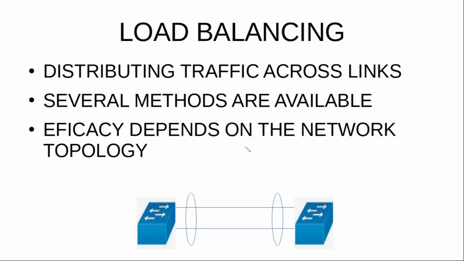So when we have Ether channels, we need a way to figure out how we are going to use these links that are bundled together in order to send frames. So if one frame enters here and another frame enters this switch, let's say frame 1 and frame 2, through what link am I going to send frame 1 and frame 2?